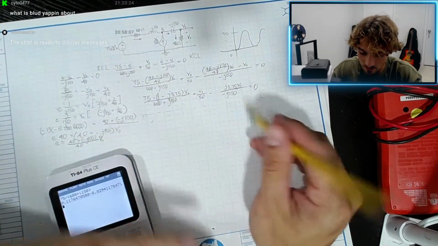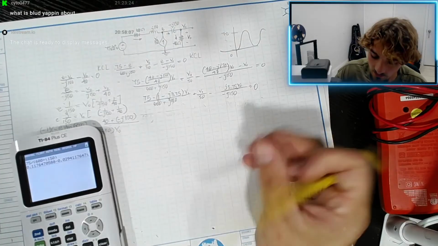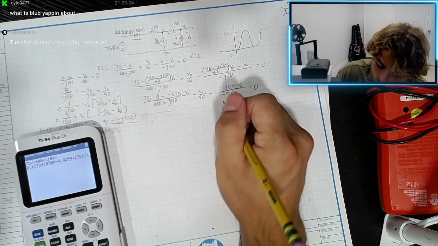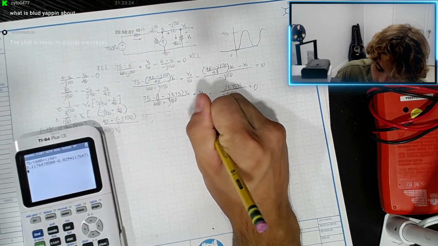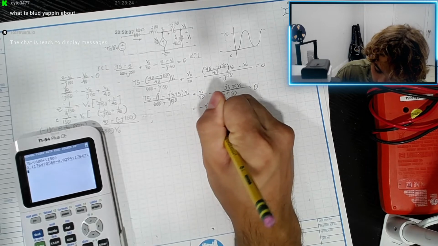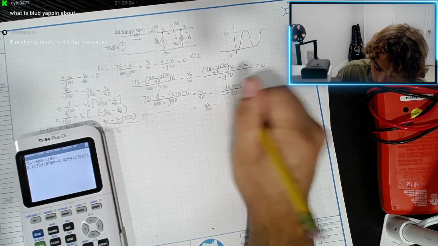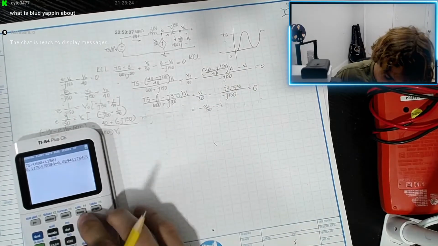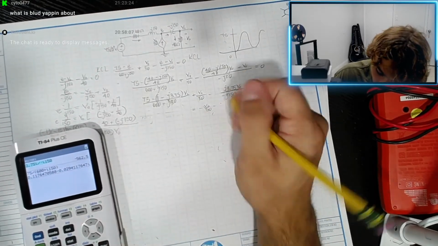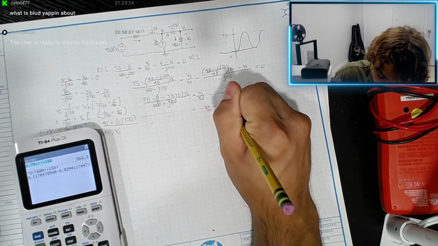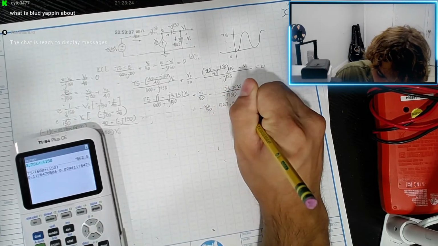Alright, so I need to isolate just this fraction on this side and move everything to that side. So it looks like it equals negative V out over 50 minus 5, 62.5 V out.